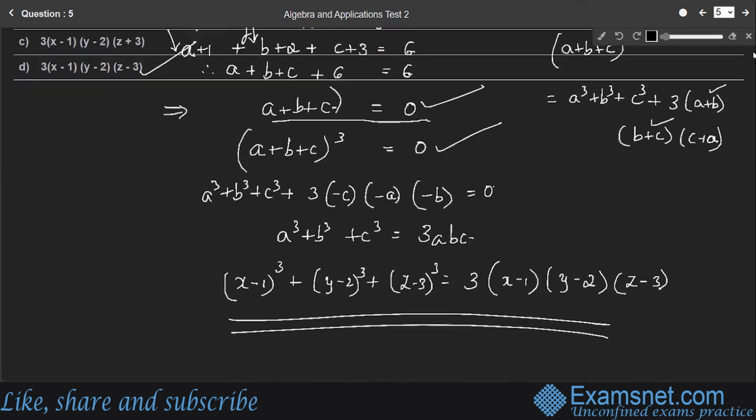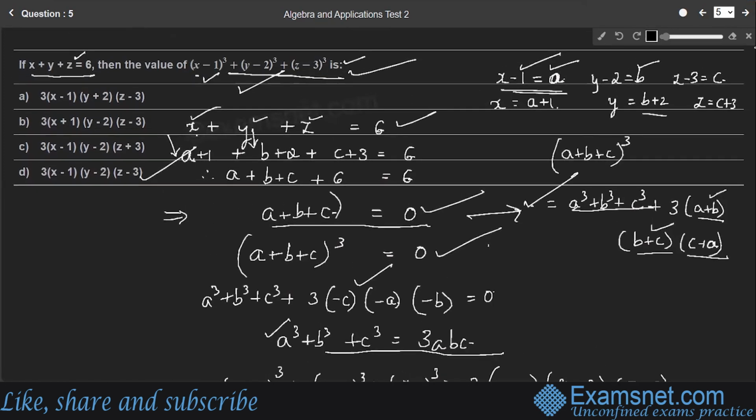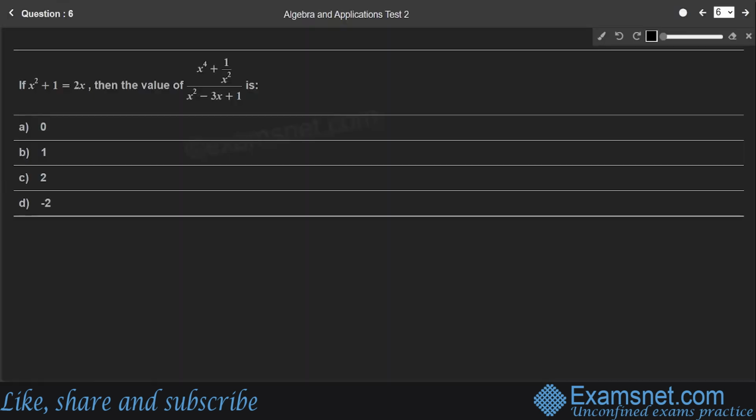So from the formula, a plus b plus c the whole cube is a cube plus b cube plus c cube plus 3 times a plus b into b plus c into c plus a. But a plus b is minus c because of this relation. A plus b plus c is equal to 0, right? So substitute the values, you will get a cube plus b cube plus c cube as 3abc. Right? So now substitute the value of a, b, and c. You will get the answer, right? So option D is the right answer.